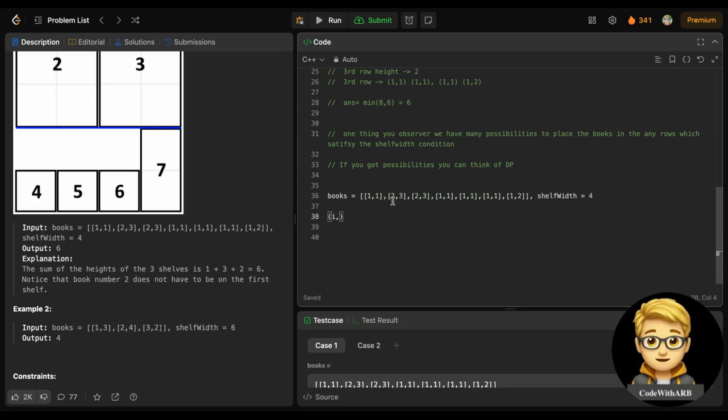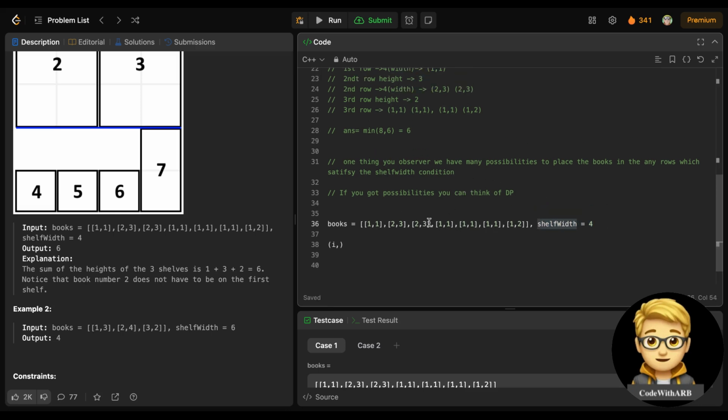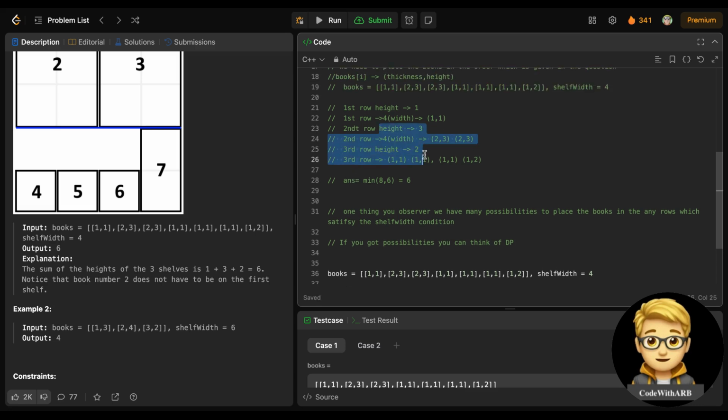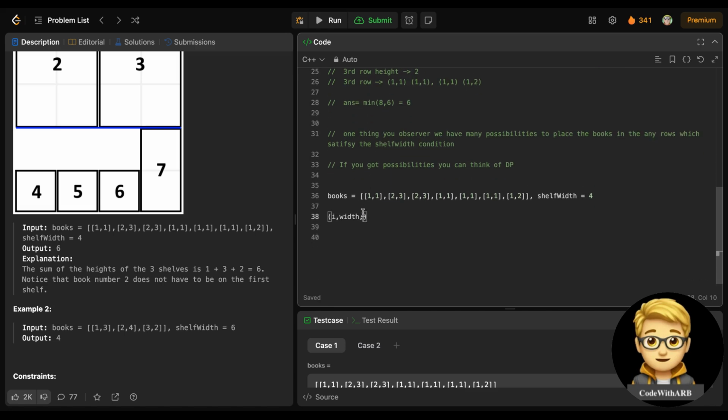Second, this shelf width 4, I need to maintain for each row. I need to check the width for each row, such that it is satisfied, that is, how many books can be placed in a particular row. So it means the width, the shelf width, will also be tracked, right? Also, I need heights, right? I need height for each position. I need height. What should be the height?